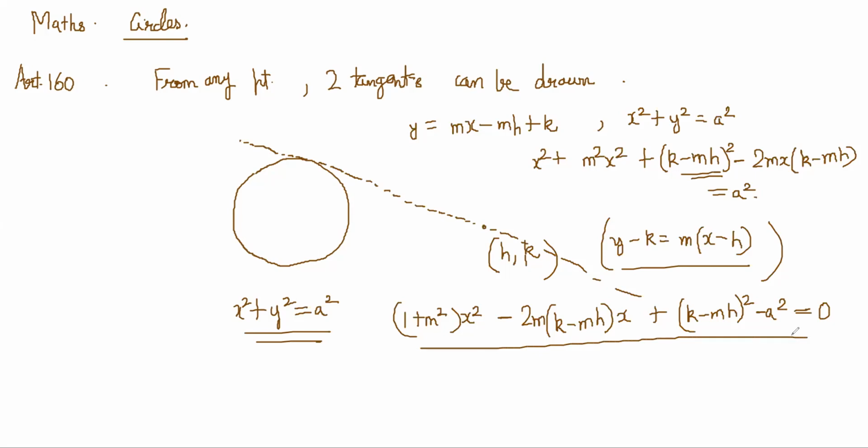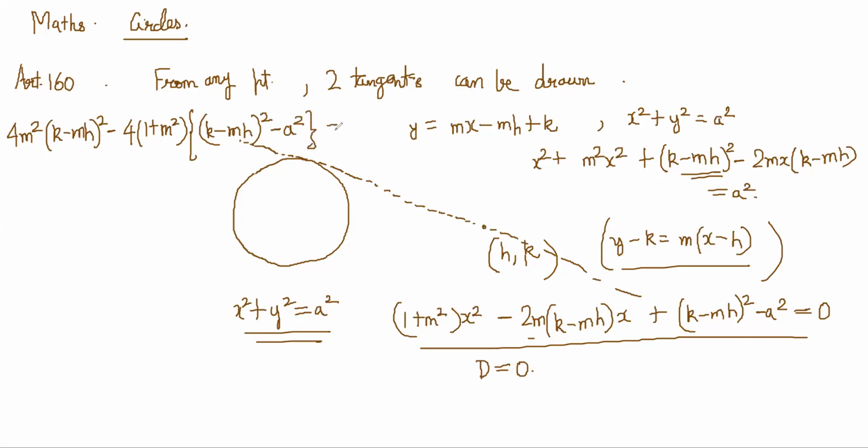Now this equation will be a tangent if discriminant is equal to 0. So b square minus 4ac should become 0. So I will write b square: 4m square (k minus mh) whole square, minus 4 into (1 plus m square) into big bracket (k minus mh) whole square minus a square, is equal to 0.